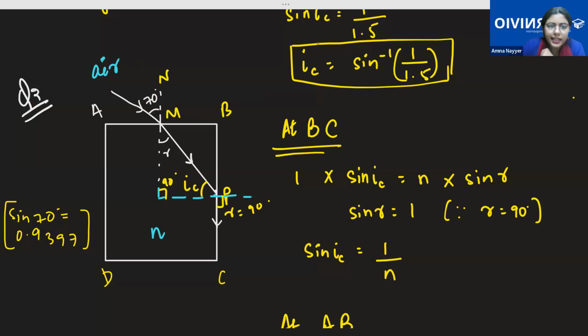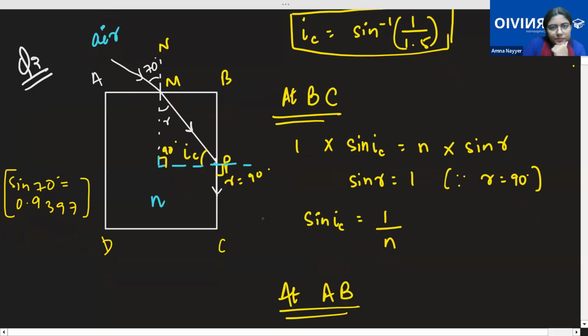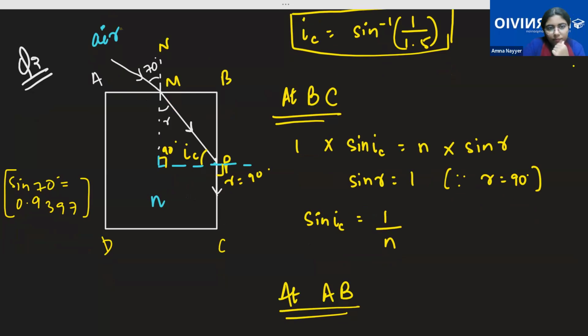Marwa, can you try and tell me how we will apply Snell's law? This is a very easy part at this point M. If you have understood, you'll be able to tell. Just try. Okay, what's the material outside? It's air. So what's the refractive index of air?